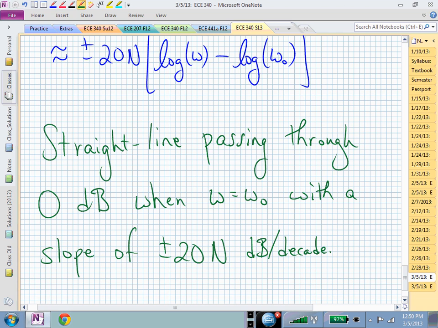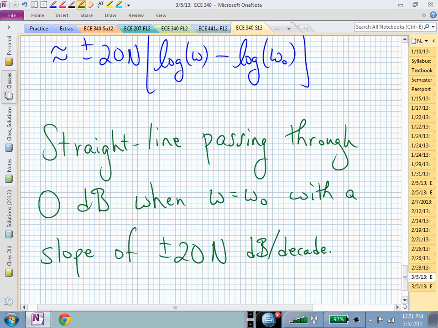On the test, I'm not going to have you give me a more precise value. I want you to simply sketch the approximations for all of the different factors and then add those up, and not have to worry about what happens right at the break frequency, which is going to be this adjustment of plus or minus 3 dB.